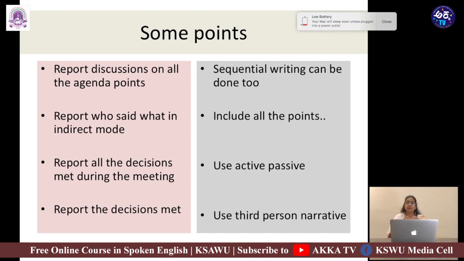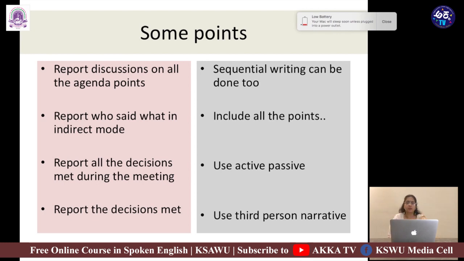Say sometimes crime reports are written on sequential basis. Sometimes judicial reports are written as sequential basis. So there are two ways to write a report. The first one is the inverted pyramid formula where most important comes first, or the sequential formula where things are written as they develop, point 1, point 2, point 3, point 4, but the rest remain the same.